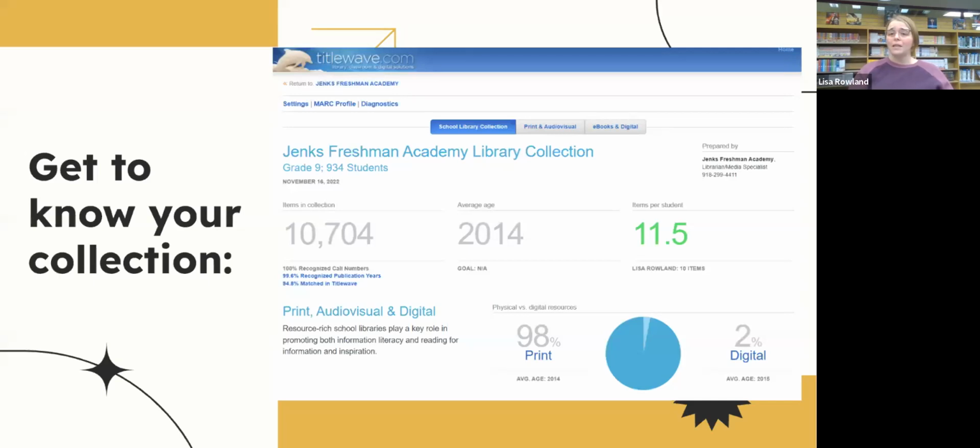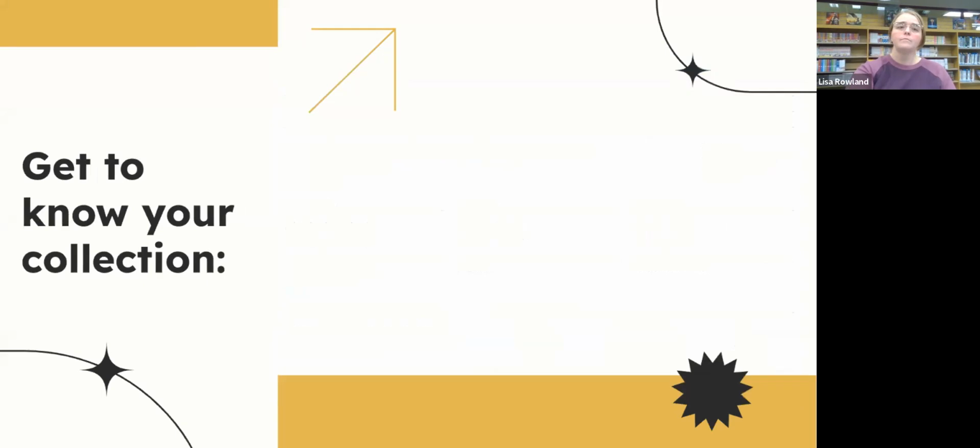Instead, we don't have playaways. Everything that I know about playaways is that they are a nightmare to keep up with. So we really just tend to focus in on our actual digital audiobooks that they can access.